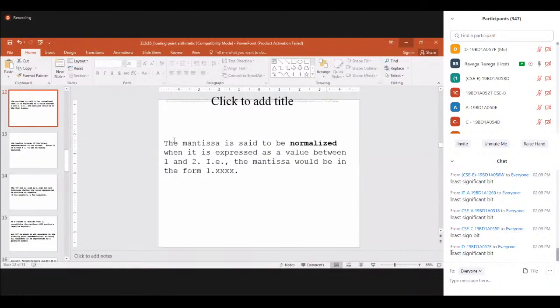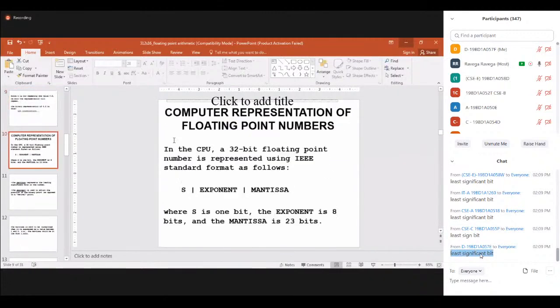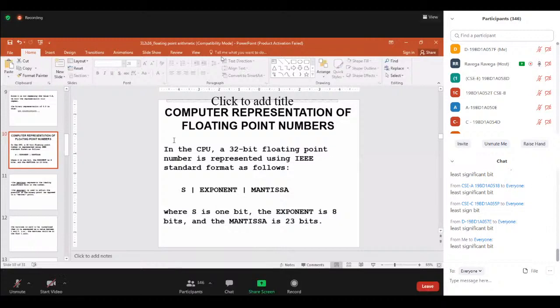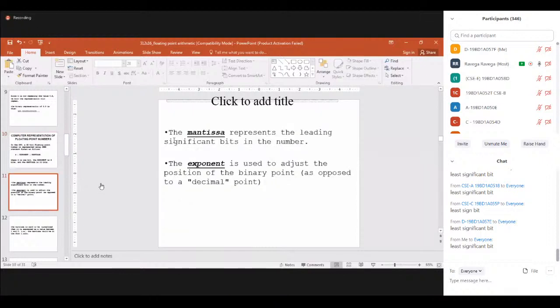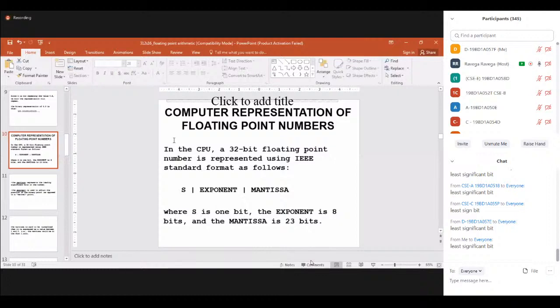So we have seen what is S, what is exponent, what is mantissa. S is the sign bit, it may be 0 or 1. Exponent is where you are going to adjust the decimal numbers, and mantissa holds the leading significant bits.